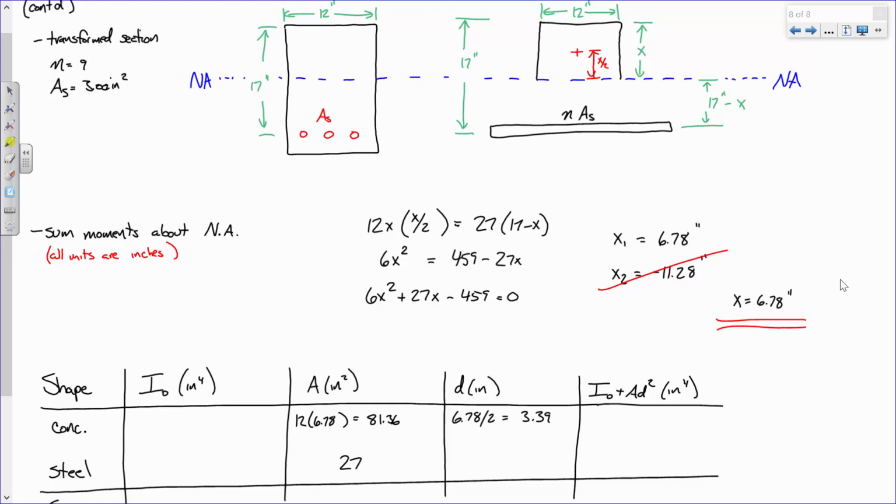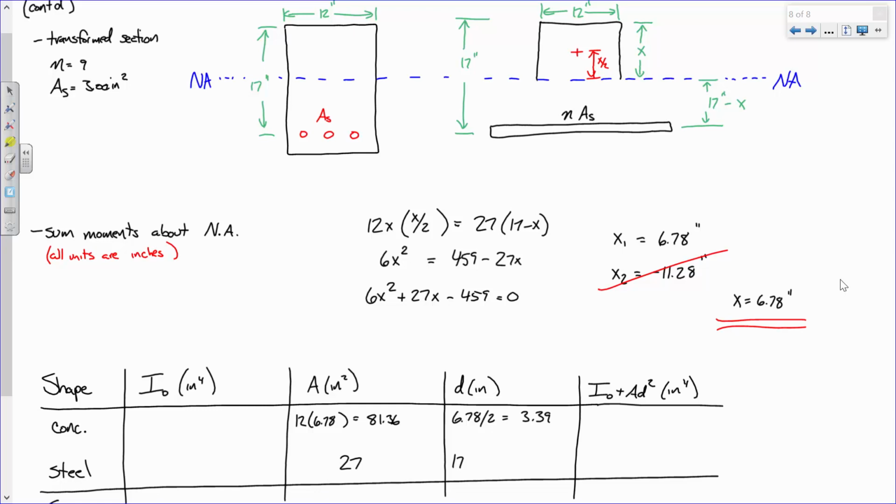How about the steel? How far is it from the neutral axis to the center of the steel? We wouldn't need to go half of x because remember, this is all one lump quantity. It doesn't have a height. So from the top of the beam to the steel is 17.